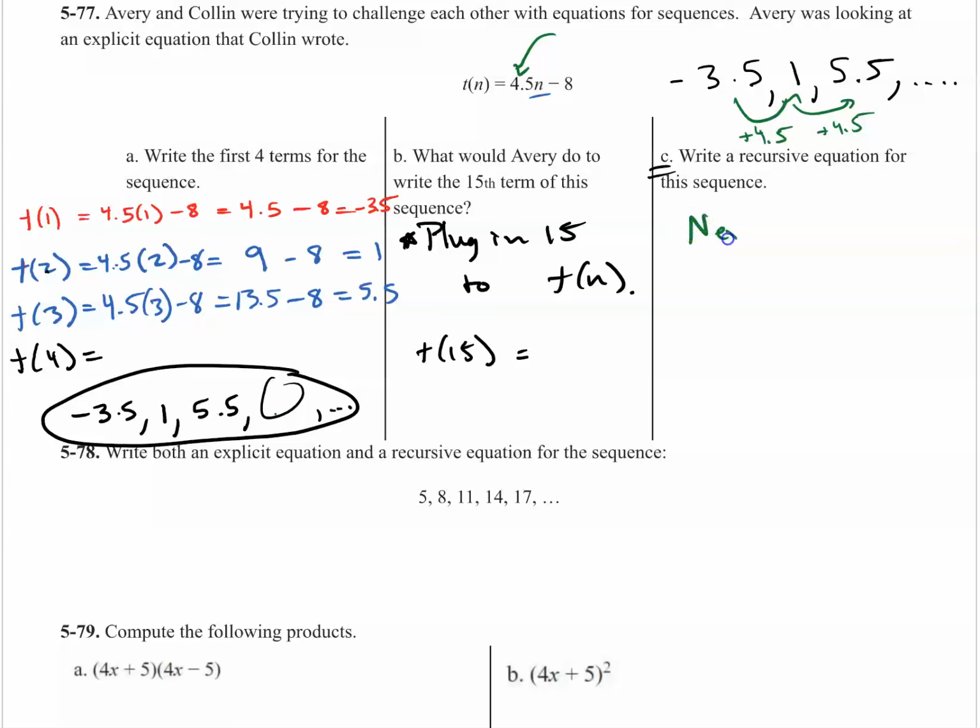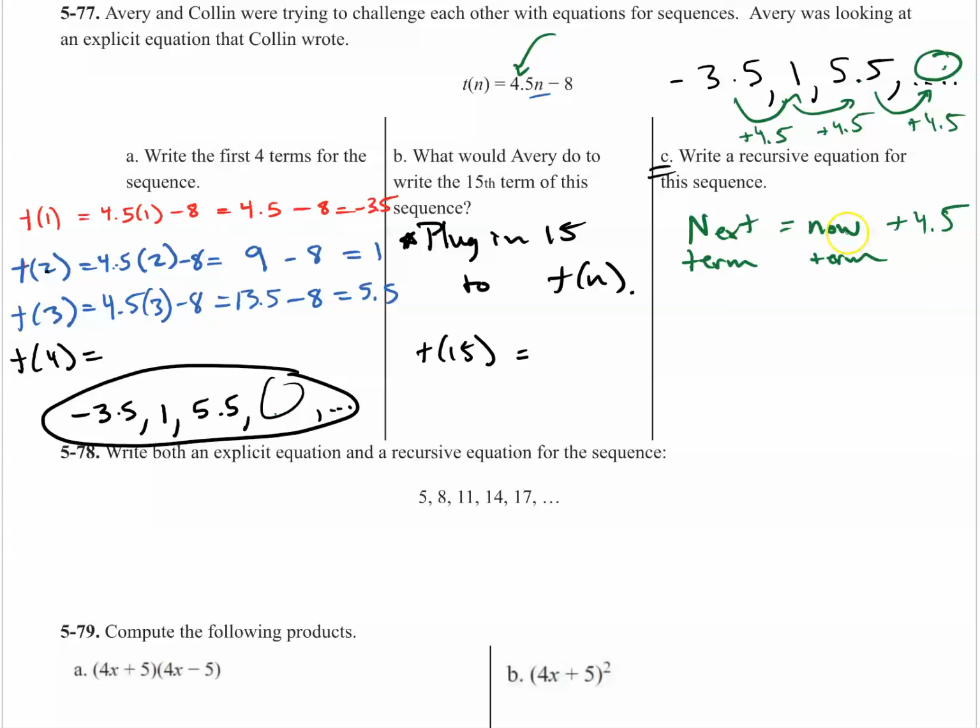So basically, to get the next term, it's what you have right now plus 4.5. Okay, so the next term is equal to the now term plus 4.5.